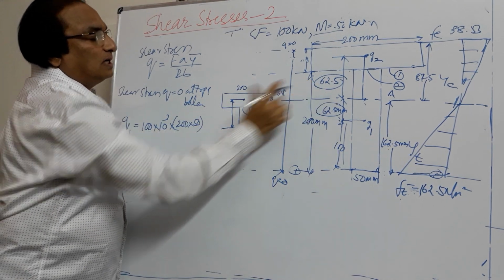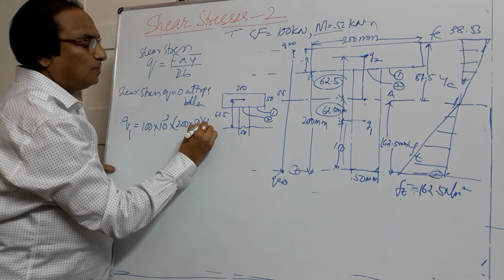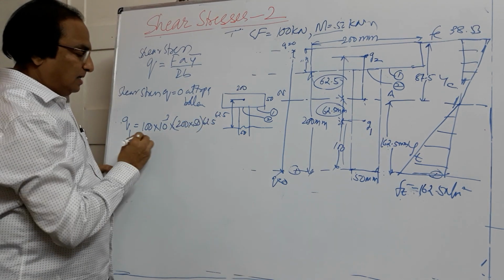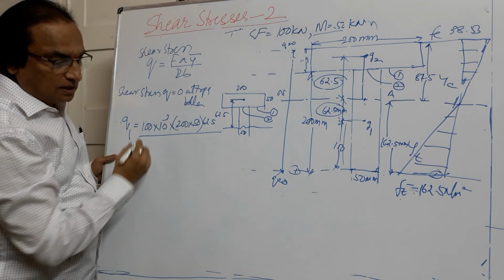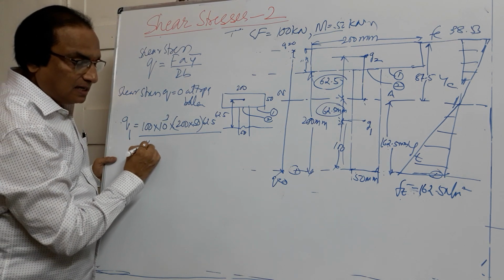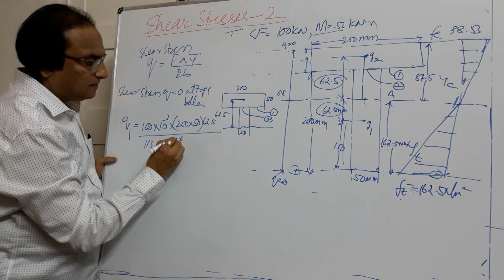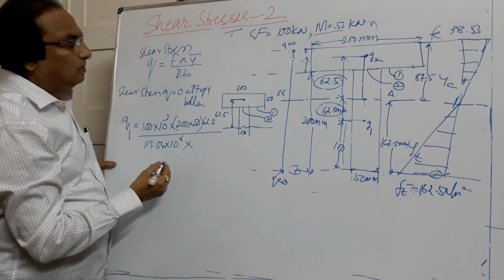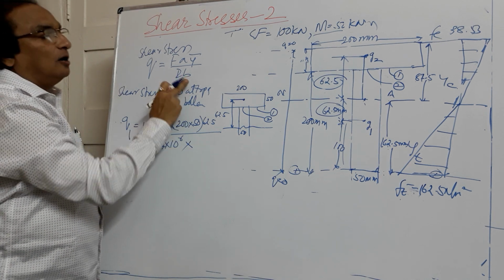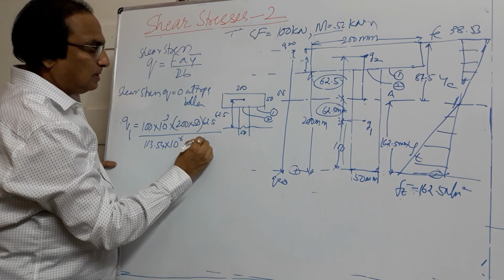We have already plotted it as 62.5, into 62.5, divided by I. The moment of inertia we have calculated as 113.54 into 10 to the power of 6, into width B. How much is the width at level 1? It is 200 mm, so divided by 200.